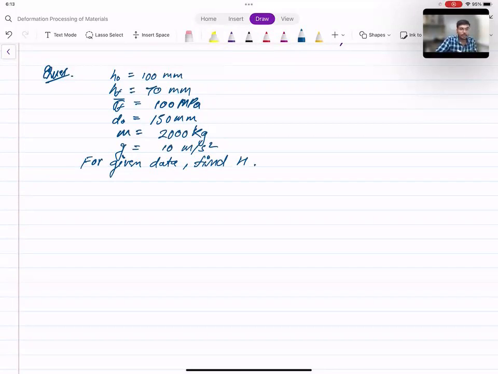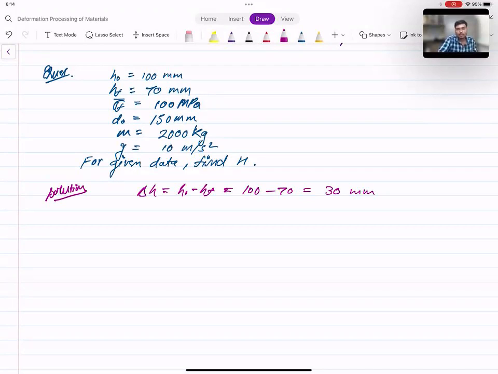We can simply apply the equation we have seen earlier, which is F into delta H, which is equal to mg capital H. For that, delta H can be simply written as H naught minus HF, which is 100 minus 70, that is 30 mm. So we now have the value of this delta H.